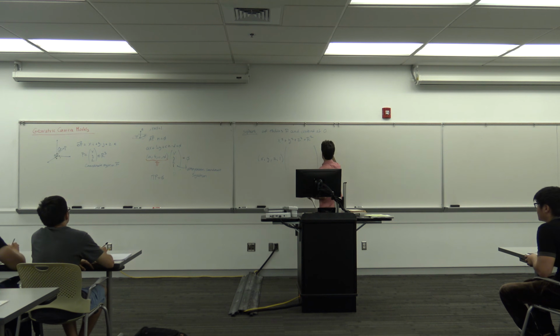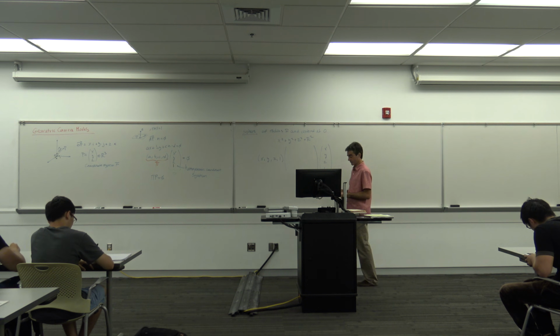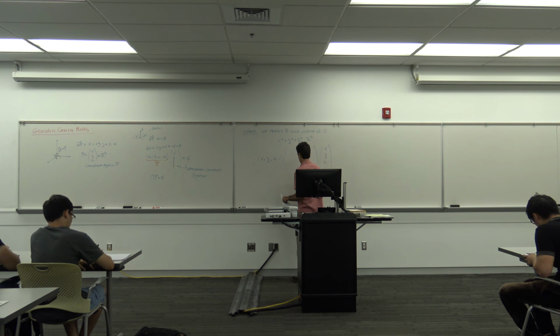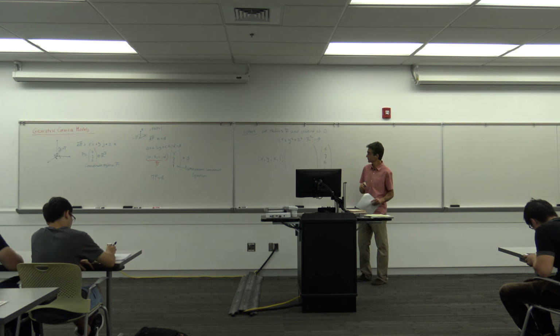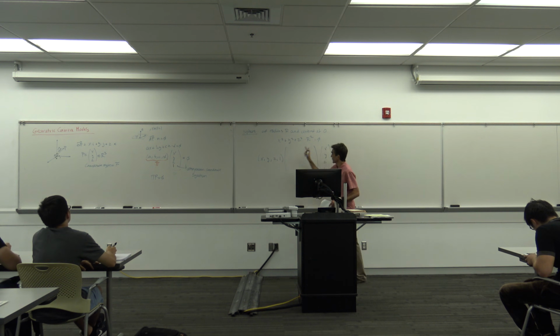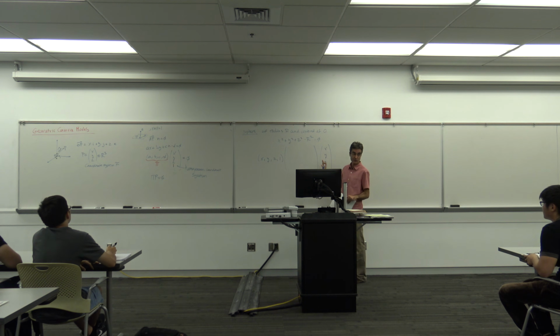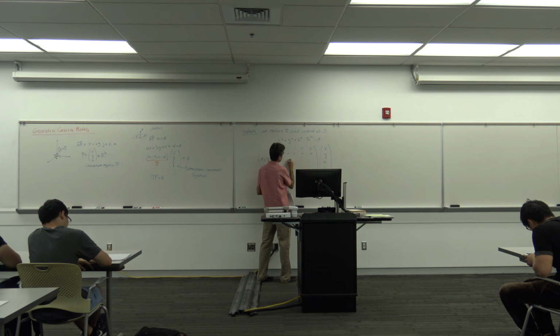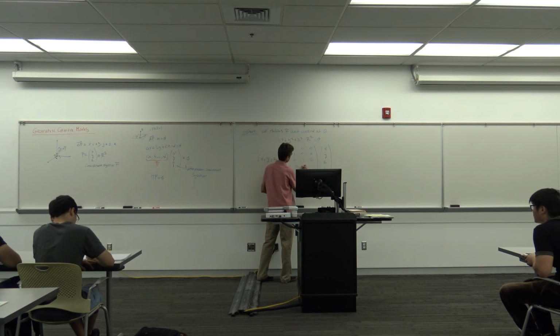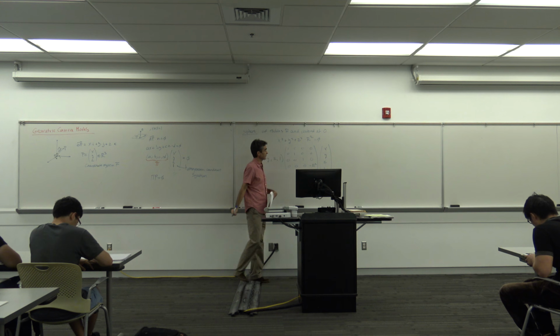And here I'm going to have x, y, z, 1 again. Now this gives me x squared, y squared, z squared, 1, and now I'm just missing this one here. So I can write the matrix 1, 0, 0, 0, 0, 1, 0, 0, 0, 0, 1, 0, 0, 0, 0, negative r squared.